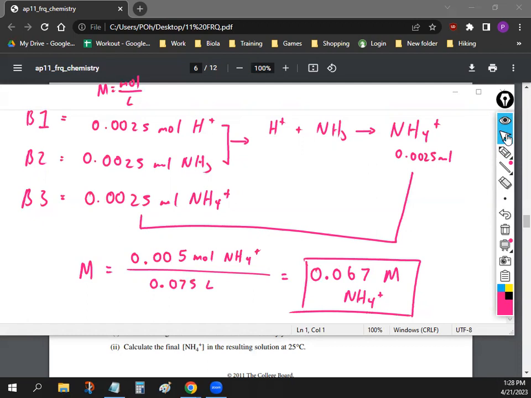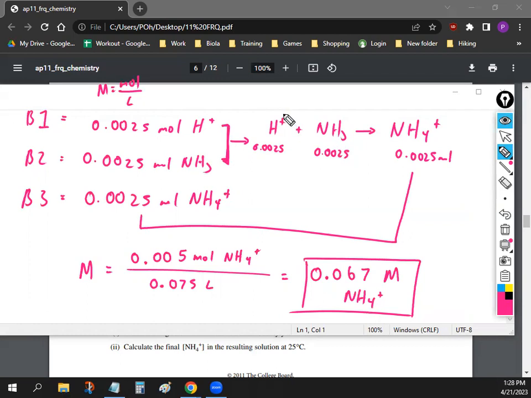You kind of lost me because 0.005. So you're good with beakers 1, 2, and 3. Okay, let's go over it. So we said in part D1 that these two are going to react and cancel each other out, right? When they react together, this is the reaction that takes place. So this combines with this to make this. You're combining 0.0025 moles of this and 0.0025 moles of this.